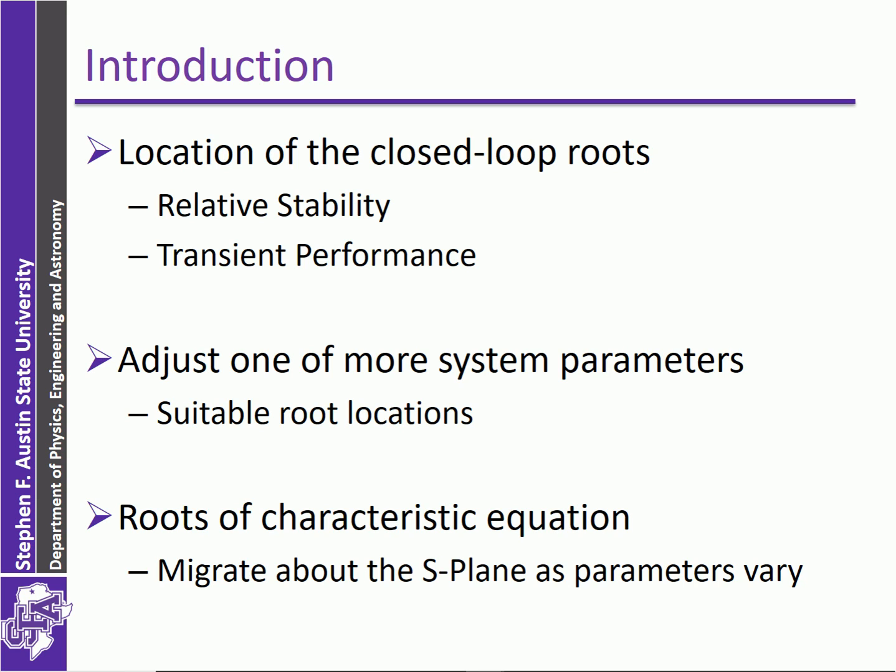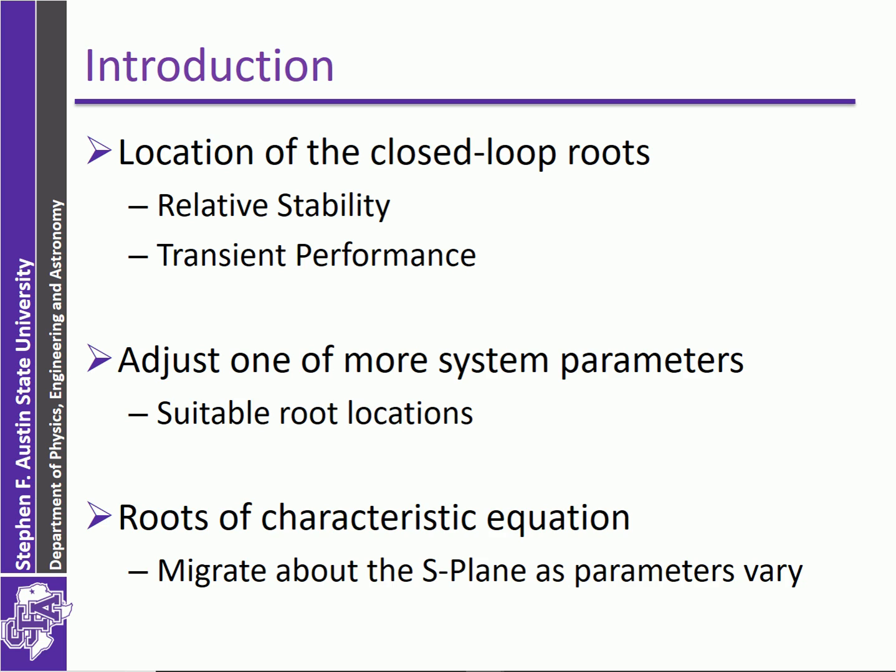The roots of this characteristic function can be placed on the S-plane, and based on that we're going to be able to figure out how the system is going to behave: stable, unstable, overdamped, underdamped, or critically damped. So this is very important.